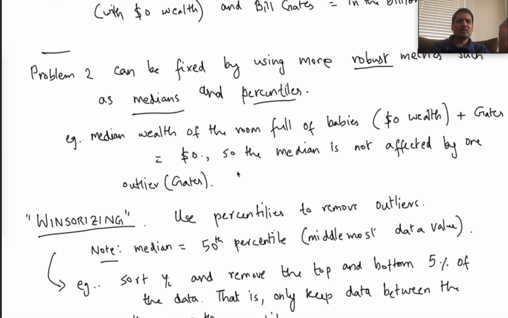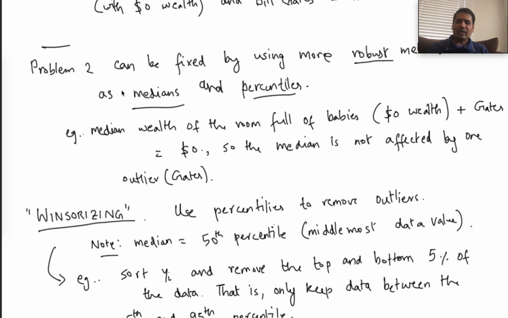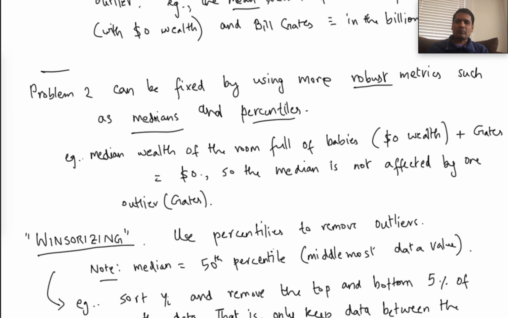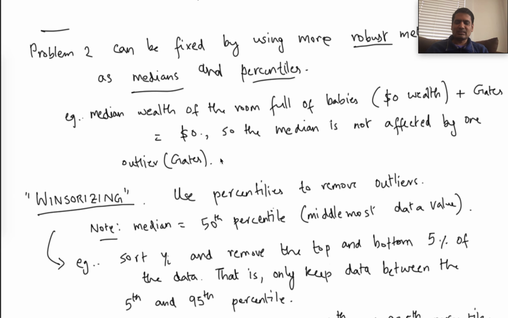It'll go from one person to the next person as opposed to shifting by billions. Okay, so we can use medians and percentiles to eliminate outliers. There is a term for that procedure. It's called Winsorizing, presumably related to the name of a person that suggested this method.